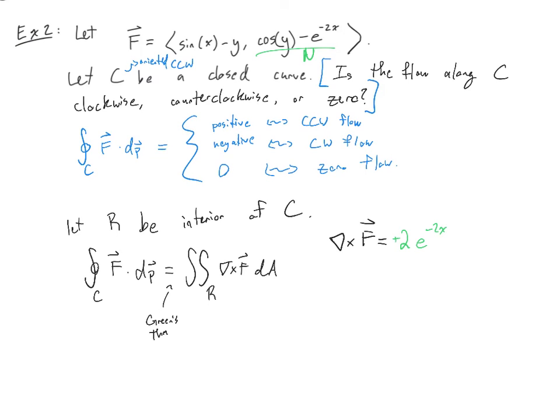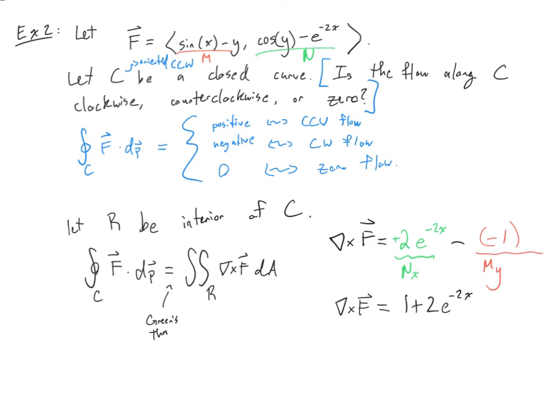And then I'm going to subtract what I get from M. Let's be clear, this here is Nx, and I'm computing My. I look up there and say, oh, well, sine x is a constant, so I just have minus 1. And so the scalar curl of F is 1 plus 2e to the minus 2x.